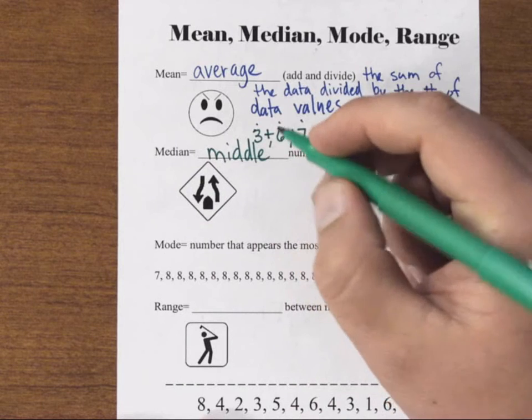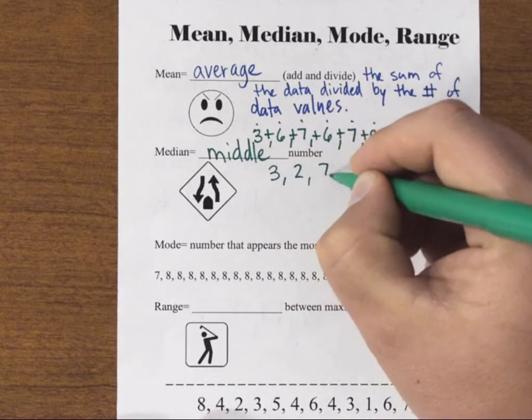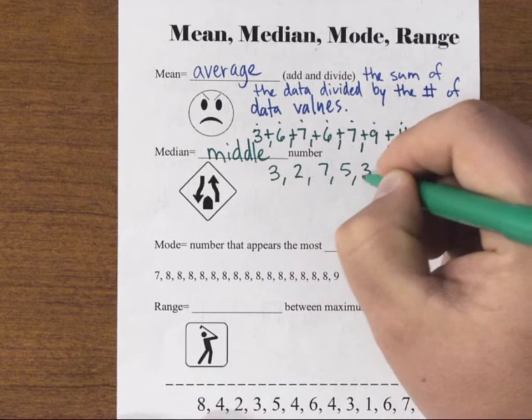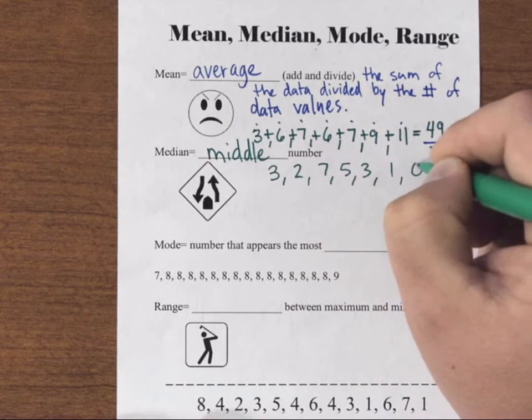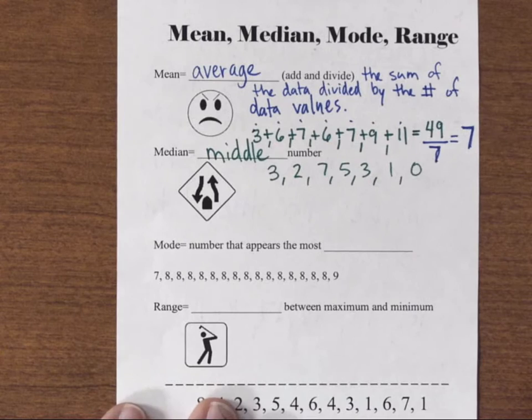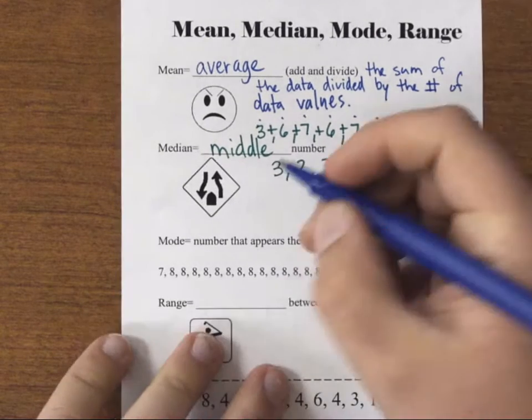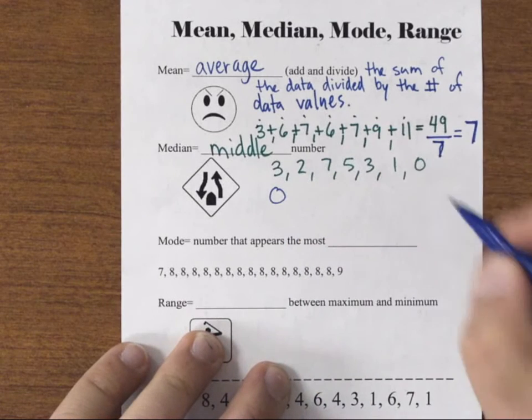So if I had numbers like 3, 2, 7, 5, 3, 1, 0. Okay, in order for me to find the median or the middle number of this data set, I have to put them in order from least to greatest first. So I'm going to do that in another color. Okay, so we're going to have 0 as our smallest number.